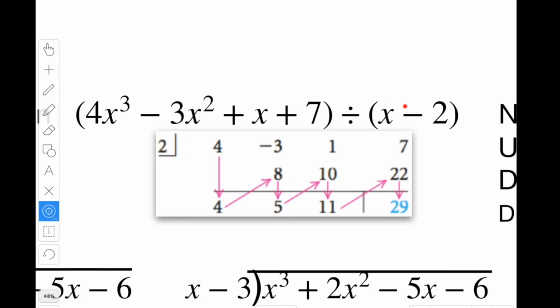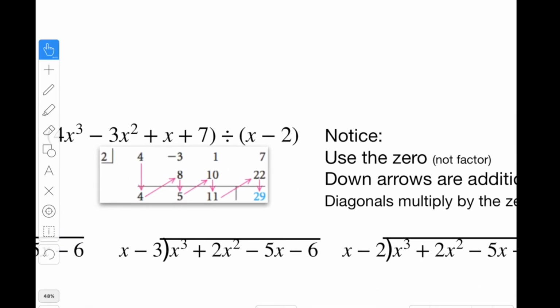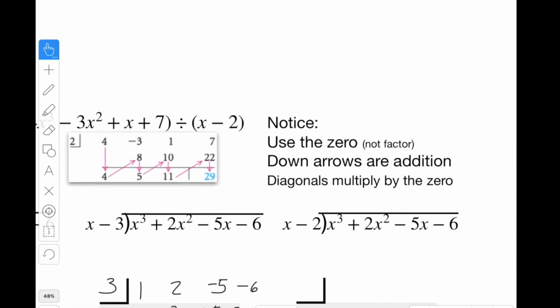So we put not the factor, the minus 2, we put the zero, positive 2 here. Because 2 is the opposite of negative 2, we're no longer dealing with subtraction, we're just dealing with addition. And that makes things a lot easier. The way these arrows are organized, the down arrows are just addition, and the diagonals are multiplied by the zero.